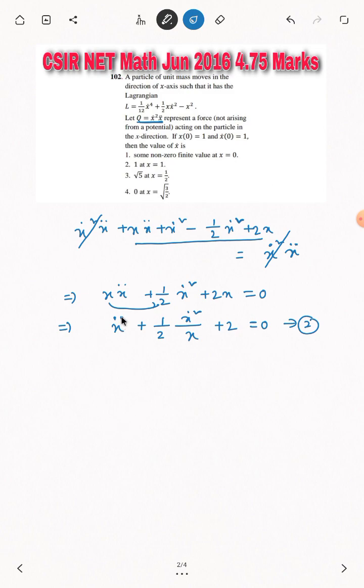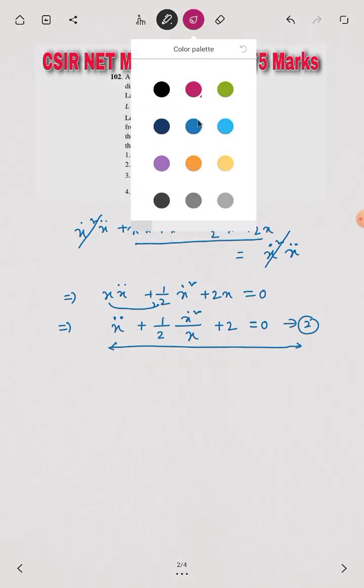Up to this there is nothing difficult, but the beauty of this question, as I have already said, lies in the fact that from this step we need a special type of calculation.